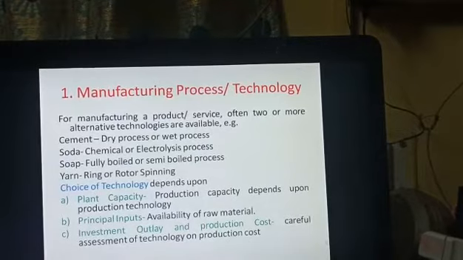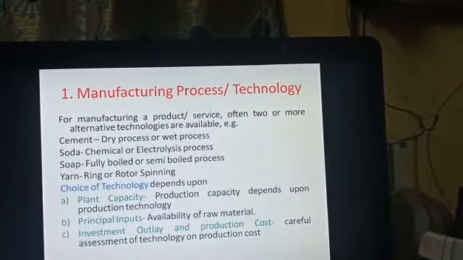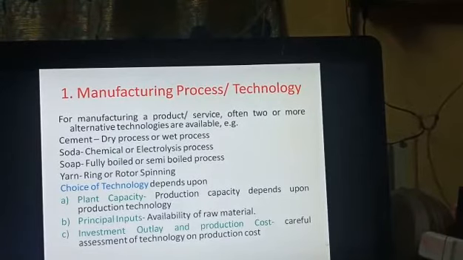Number one is manufacturing process and technology. For manufacturing a product or service, often two or more alternative technologies are available. For example, if we are going to set up a cement industry, then whether we have to use the dry process or wet process, that is studied in this technical analysis.